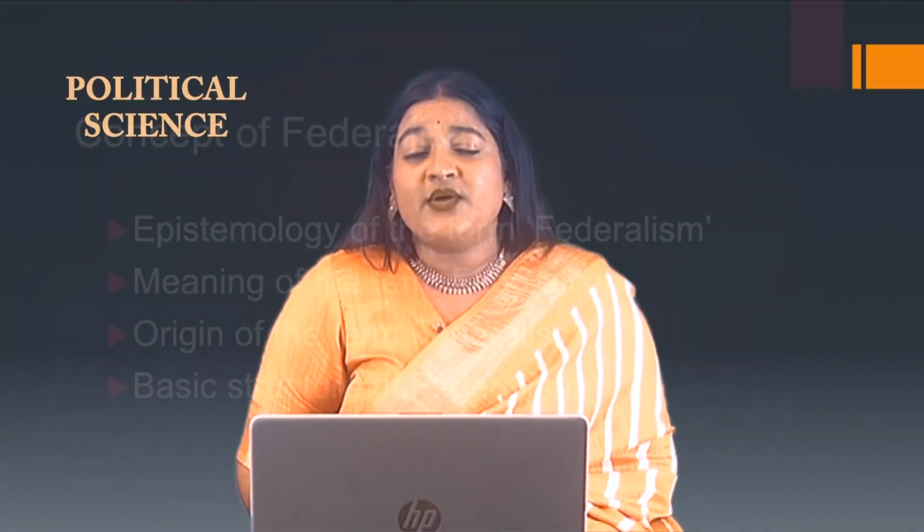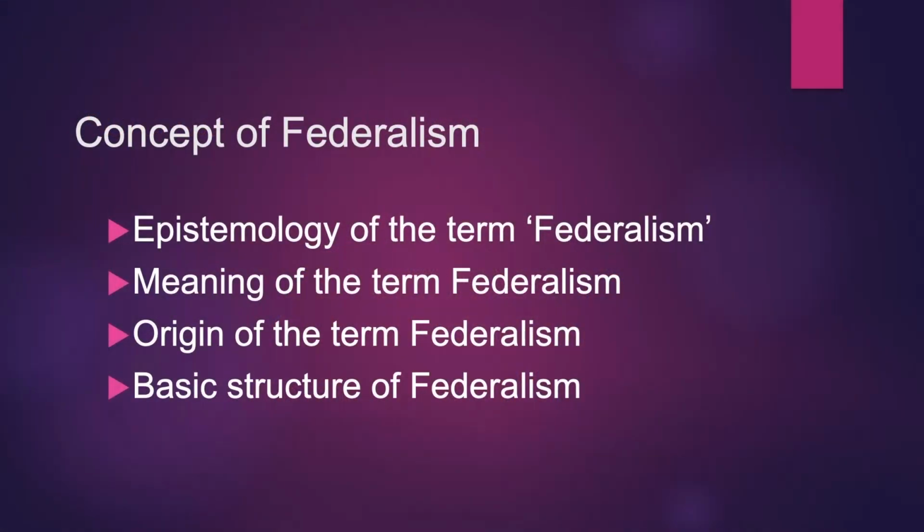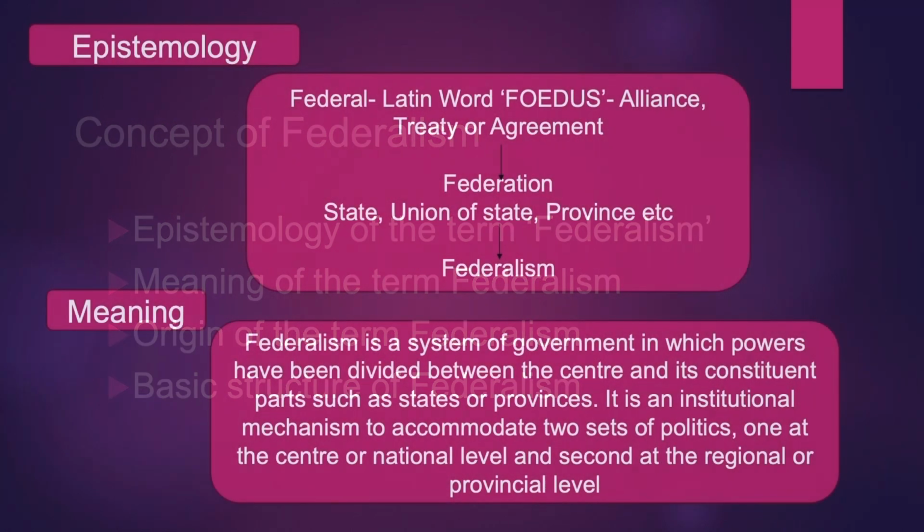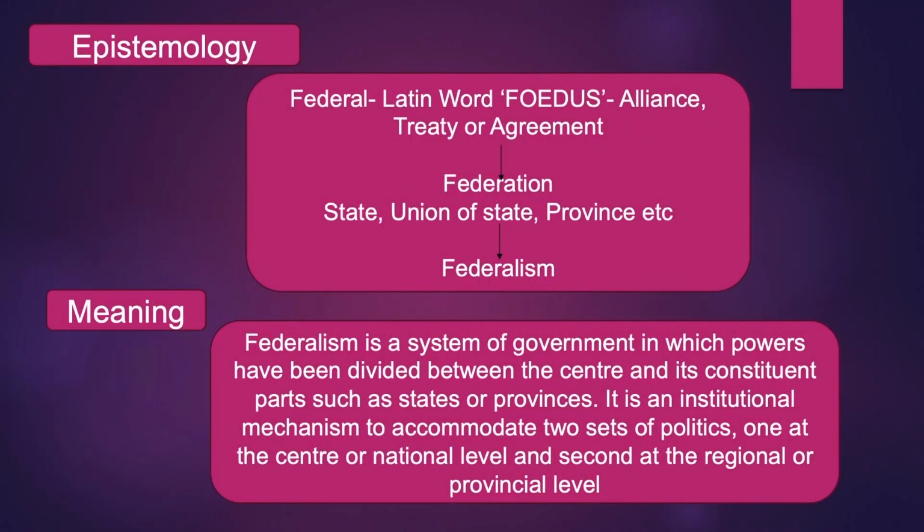When we start with understanding the concept, we need to know the etymology of that particular term which we are reading about. Then we need to understand the meaning of it and certainly the origin of that particular word. When we read about etymology, the Latin word foedus comes into existence.